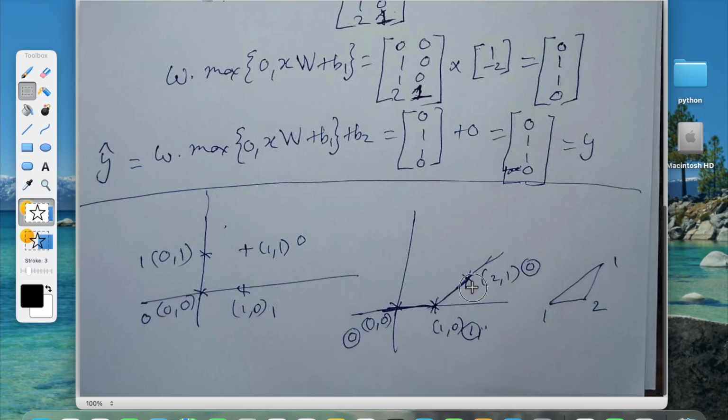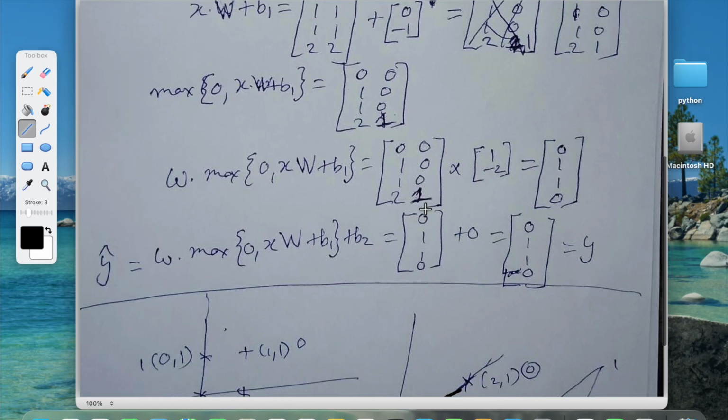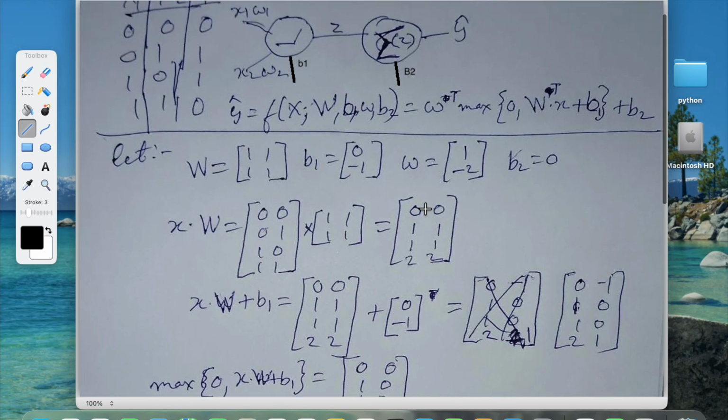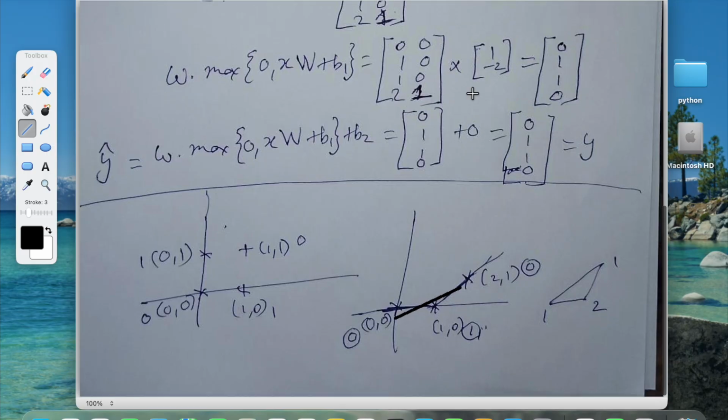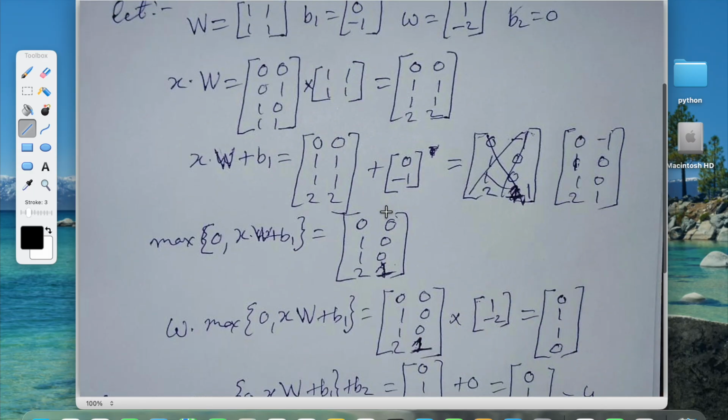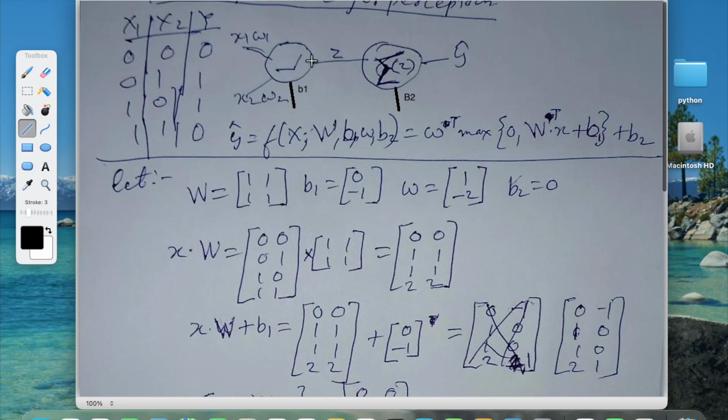And when we draw a line from here to separate, for example, a line which separates this from this over here, we actually have a solution, and that is why the solution holds. This is an example of how non-linear problems are converted into linear ones and solved by multi-layer artificial neural networks.